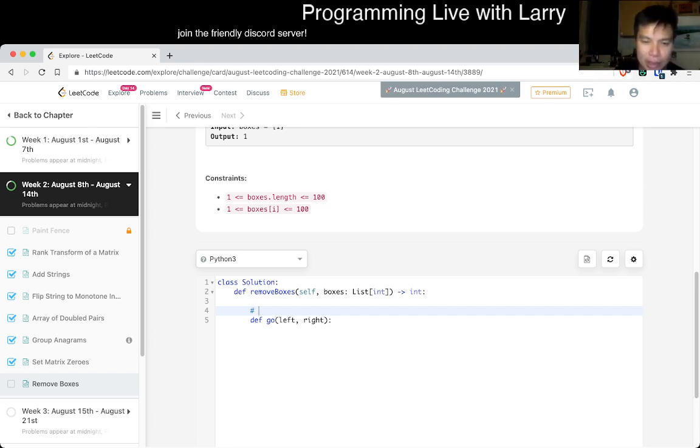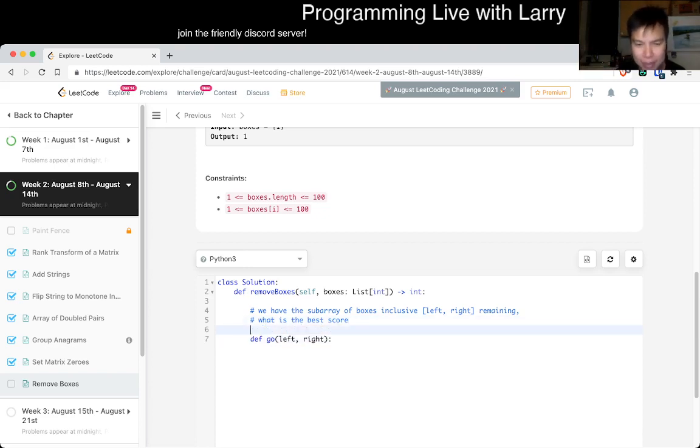So basically we have the subarray of boxes, inclusive left, right, left, remaining, maybe that's a better word for less confusion. What is the best score? And I'm going to name it go, because you can name it best score or something like that. To me it's almost just as bad as a function name, so it doesn't really matter.